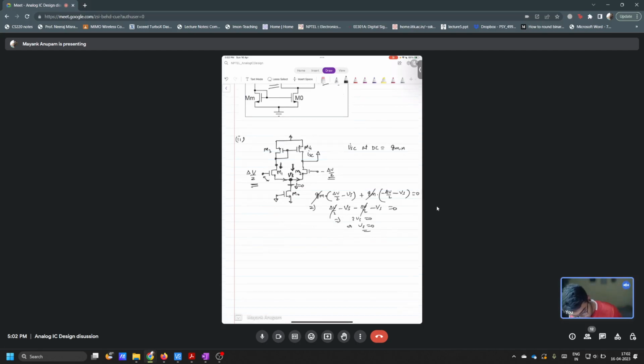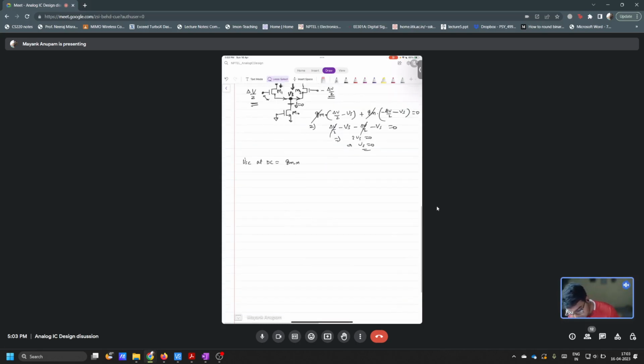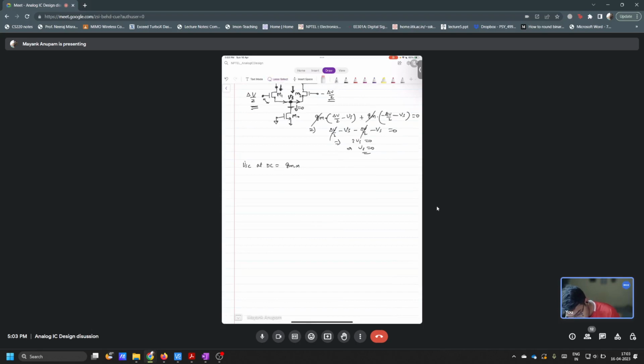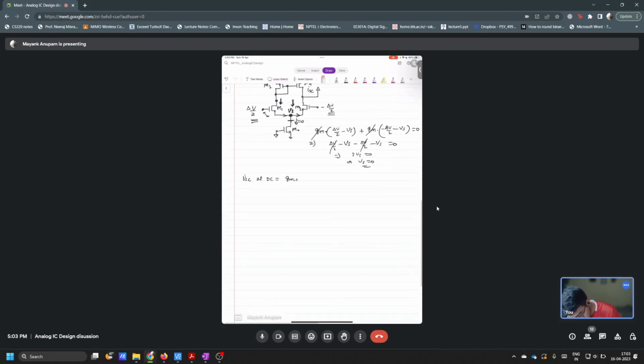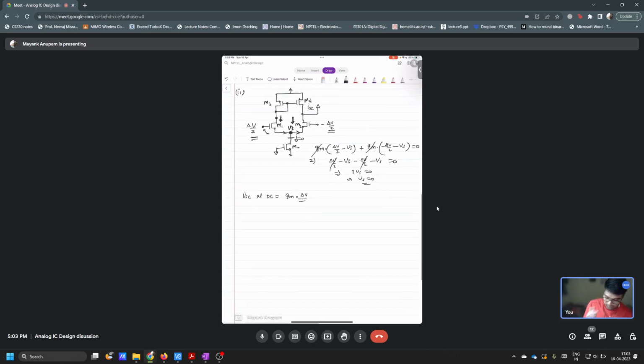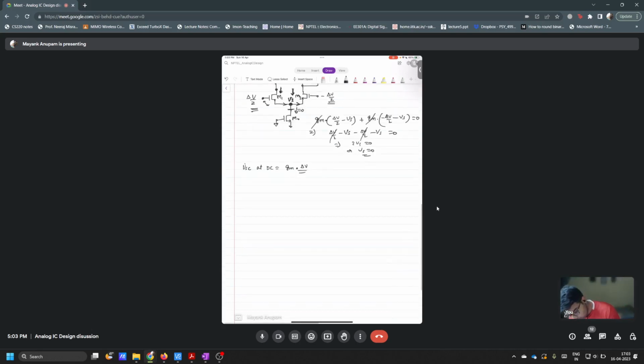Fine. So now let's do this again. What is the short circuit current ISC? GM of M1, M2, or let's only call this GM, times delta V, correct? So what is the effective GM?